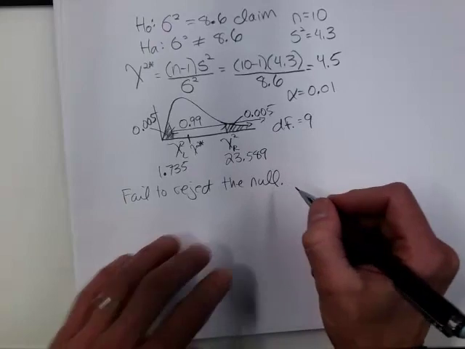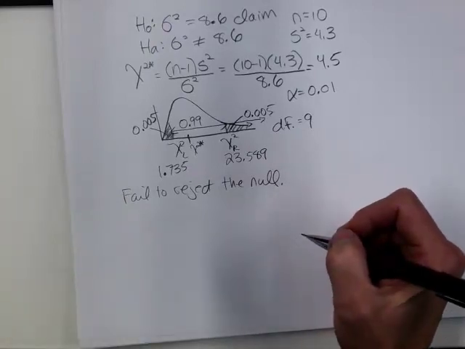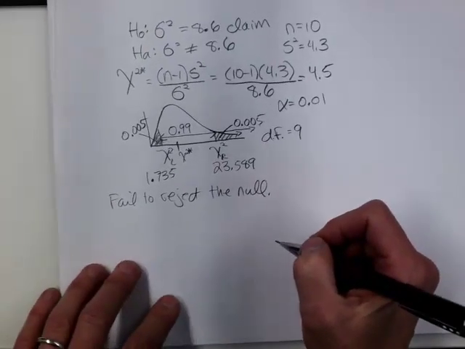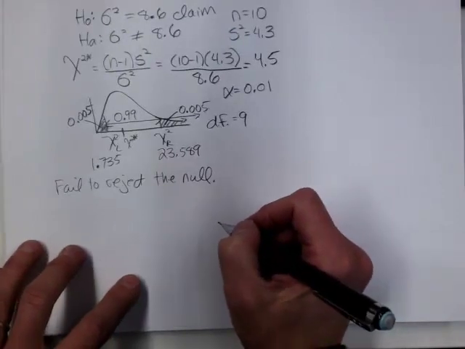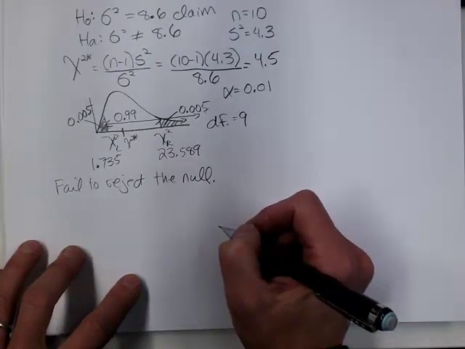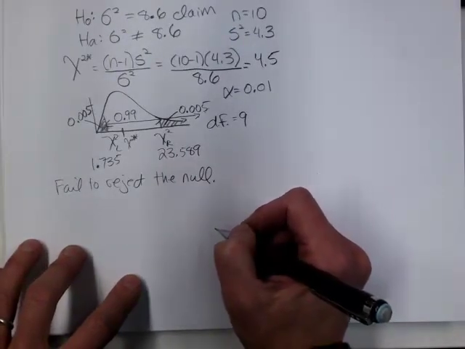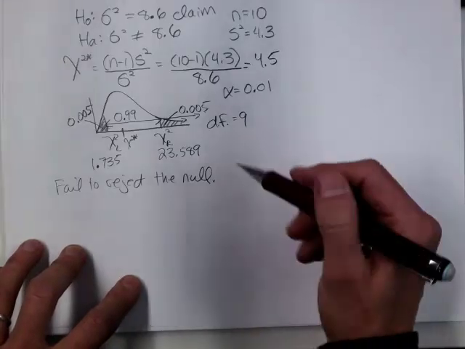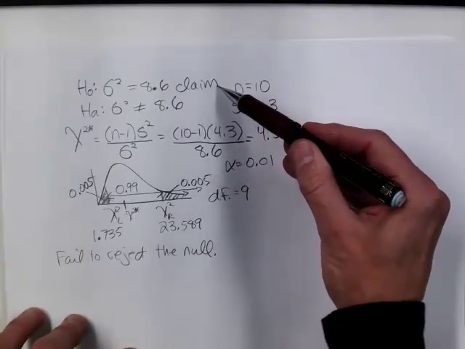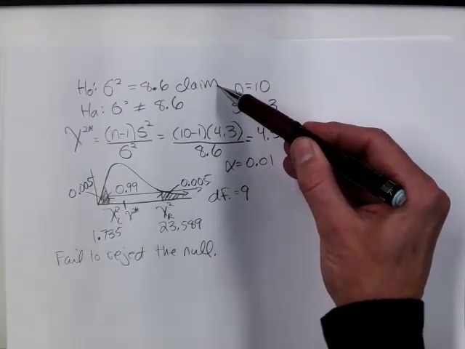To answer the question, is there enough evidence to reject the manufacturer's claim? Actually, no. Because are we rejecting the claim? If we're failing to reject the null, we're keeping the null, and this is the manufacturer's claim.